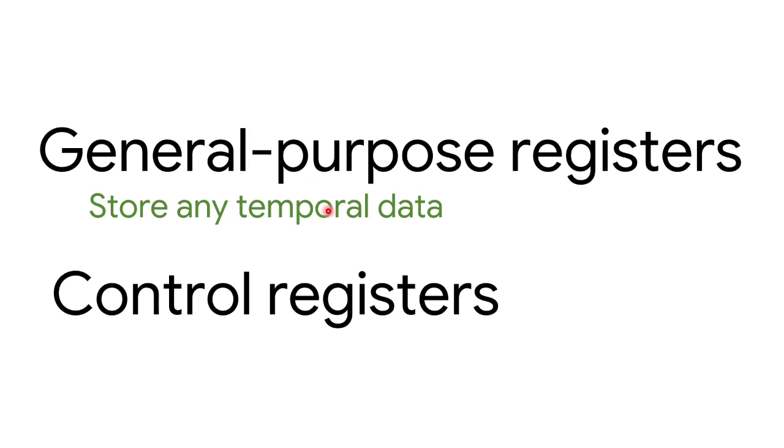As you know, a local variable can store any temporary data. If a return value is returned to the local variable, it has 0x0 or 0x1, and a local variable sometimes can contain an address. So this is an important feature of general purpose registers.